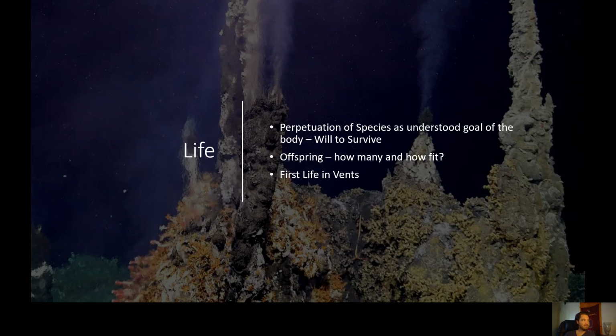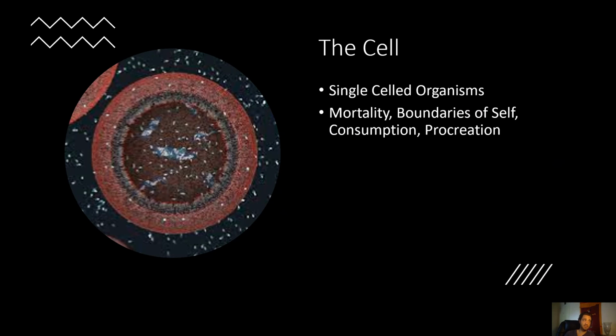So let's dig in. Okay, so after the first beginning of life, we move on to the first single-celled organisms. And I'll encourage you to do some deep dive on that, which I'll share with you. But one of the main things I want us to recognize is that with the rise of the single-celled organism, we have a lot of the main breakthroughs that we think of in terms of life. We already start to recognize mortality. Things can be born and things can die.